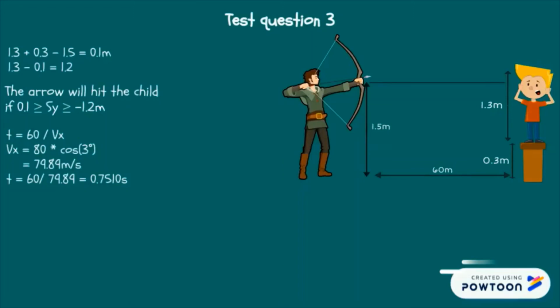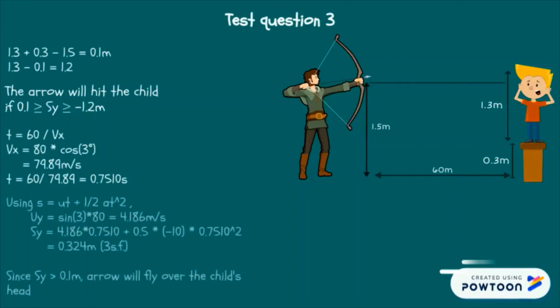And in order to find the time, all we need to do is divide 60, which is the distance traveled, by the horizontal component of the velocity of the arrow, which is 79.89 meters per second, and we'll get 0.7510 seconds. So that's the time the arrow takes to travel 60 meters.